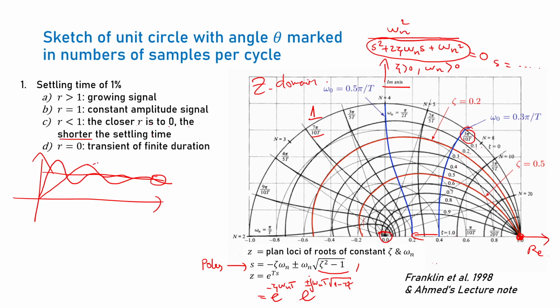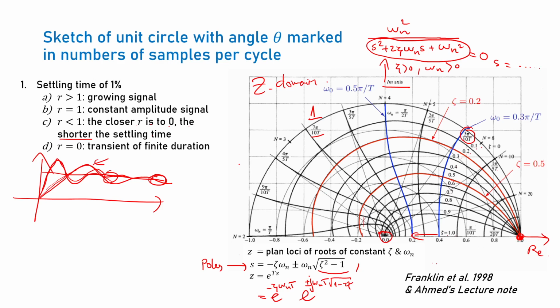So for this one, it has long rise time and settling time, because settling time is around here. But for this one, settling time is around here, so it's shorter, right? Shorter. Any questions so far?